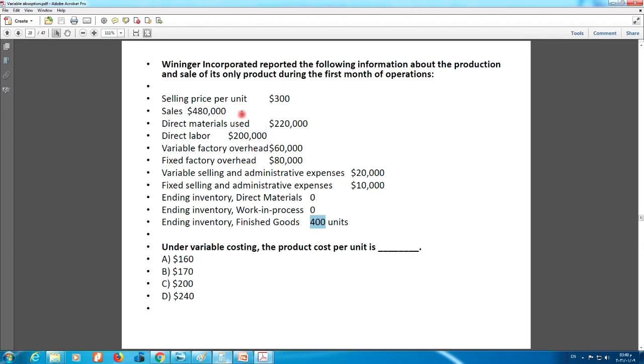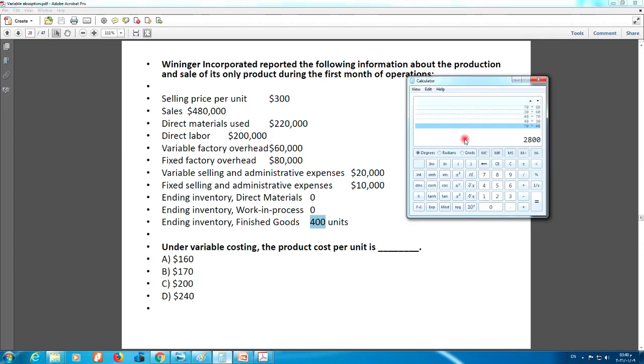We can calculate the sold units by dividing sales over selling price. 480,000 divided by 300 equals 1,600, plus 400 equals 2,000. So the total production equals 2,000.